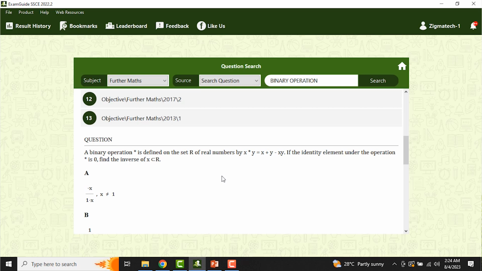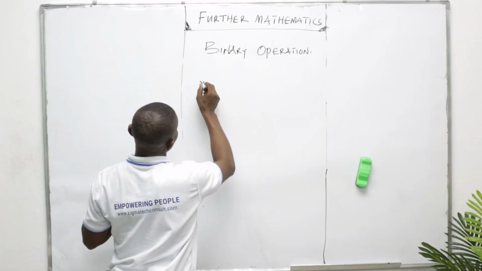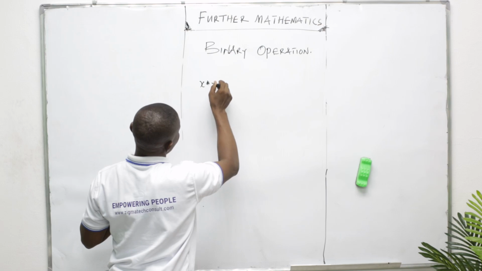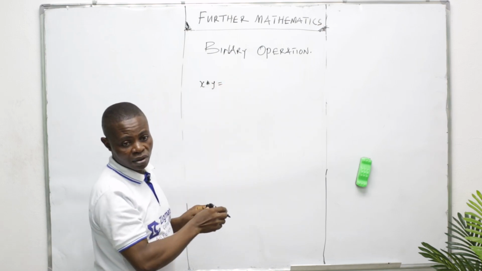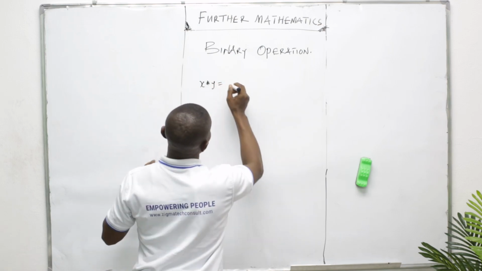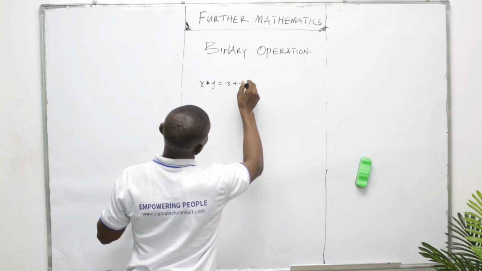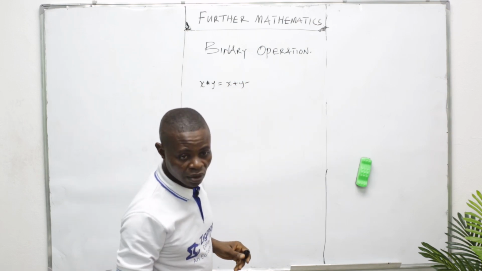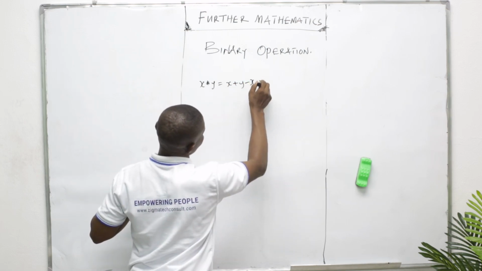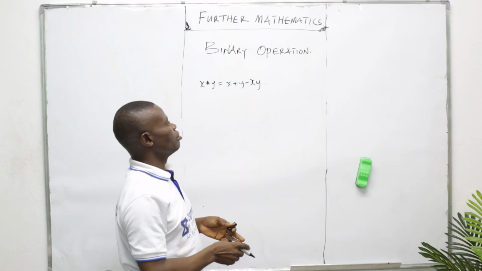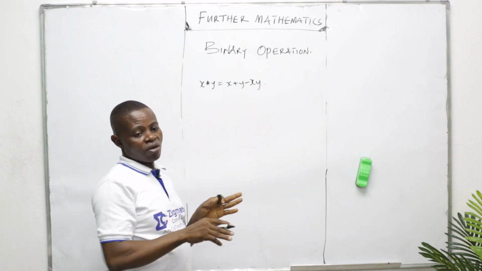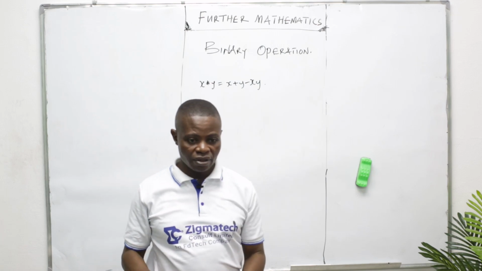Now, what do you recall? Recall that x operating on y equals x plus y minus xy. Good. But we're interested in the formula of what? An inverse.